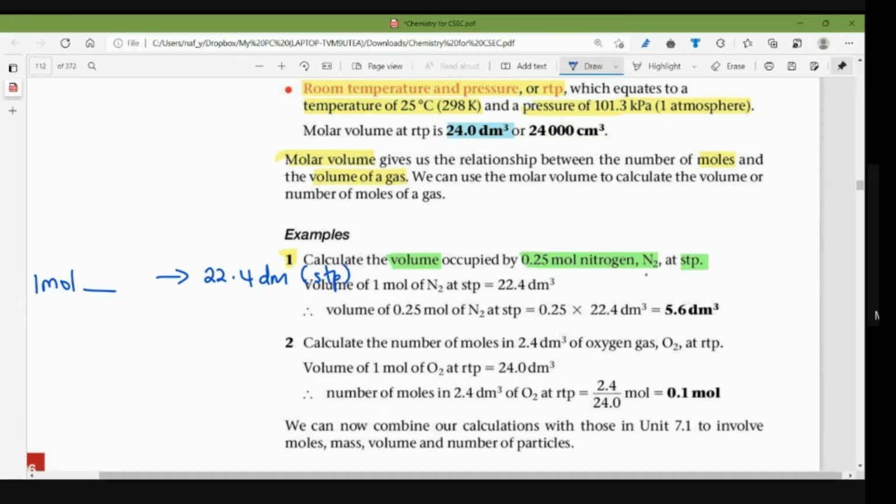Now, my question is specific because they want us to look at nitrogen. So I'm going to insert nitrogen here. So I now can say 1 mole of nitrogen gas occupies a volume of 22.4 dm cube. But look at my question. They're asking me what would 0.25 moles occupy?